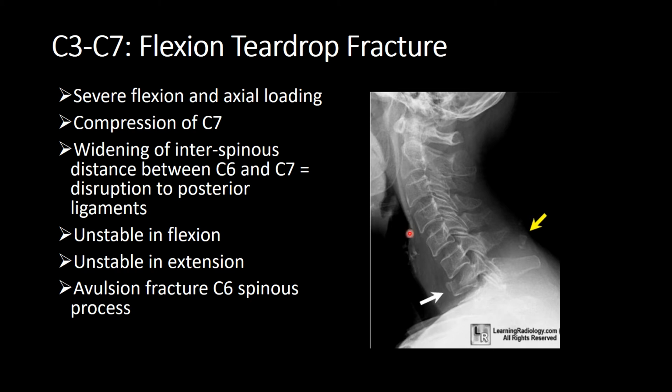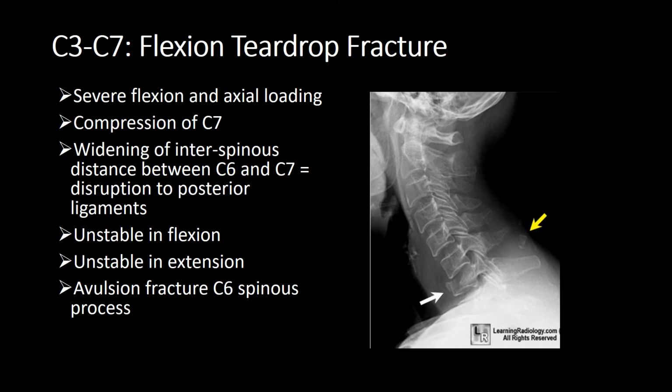If you can see, there is marked bulging to the prevertebral stripe. So there is soft tissue swelling. We can see quite clearly that's causing the hemorrhage there. So we have an abnormal soft tissue line.